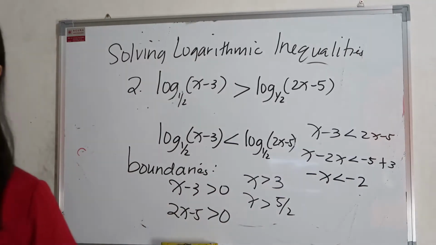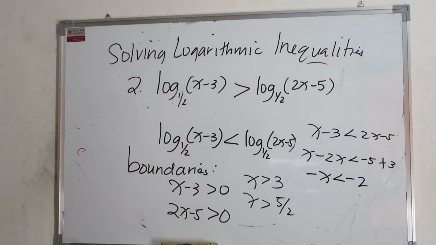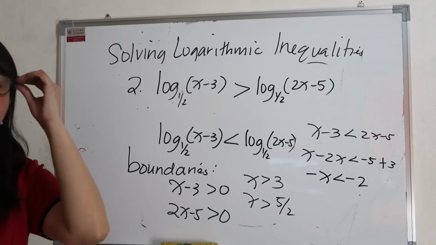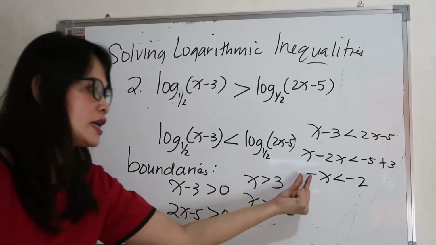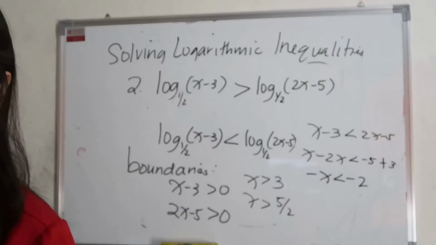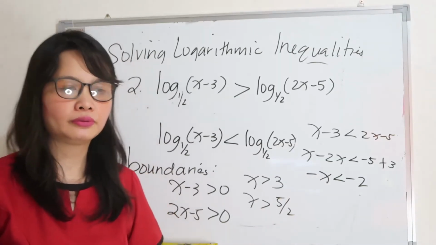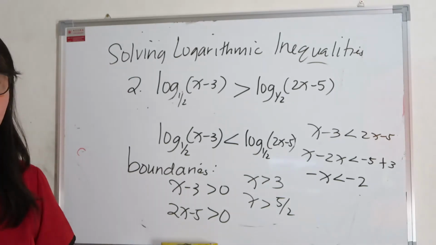Then what's next? There's a negative. So how do we eliminate the negative? Multiply both sides.